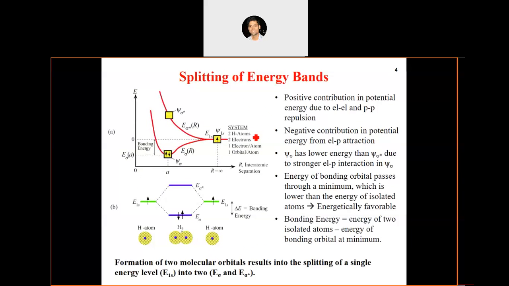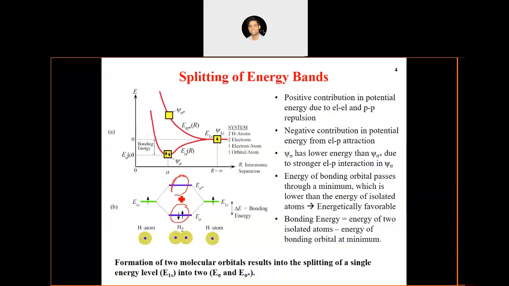In case of hydrogen, when the two hydrogen atoms came together, they had only one s electron each, and they formed two energy levels as the overlap of two 1s electrons. They formed one bonding orbital and one anti-bonding orbital, so two energy levels, and only one was completely occupied, and one energy level was free.